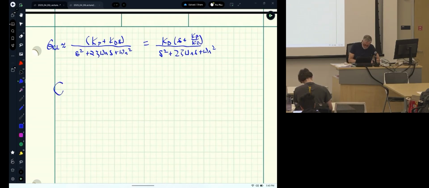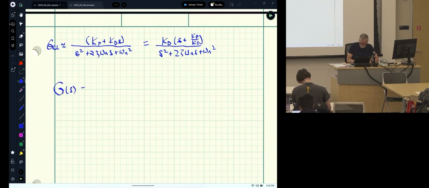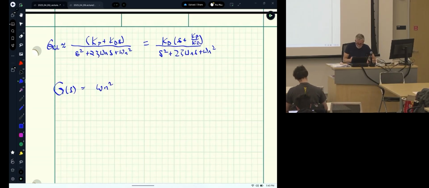Okay, so if I have my standard second order guy, in fact, let me put an omega n squared up here just so that I have the second order thing.